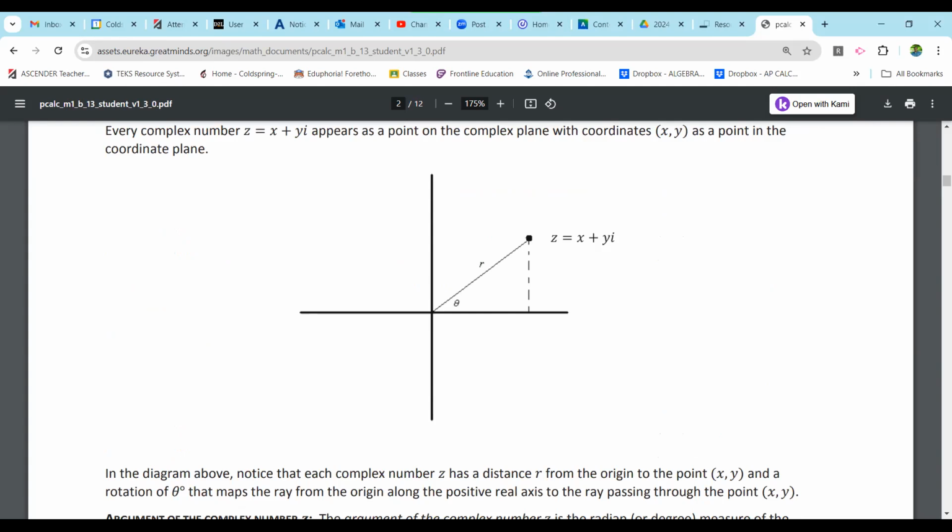All right, so in this little thing right here, this is just a bunch of notes, which is nice because you don't have to write them down. What it's showing you is a complex number. If you let A be X and Y be B, that is like your X and Y, your A and B, all the same concept. R, we know, represents our what? The hypotenuse, which is what to us?